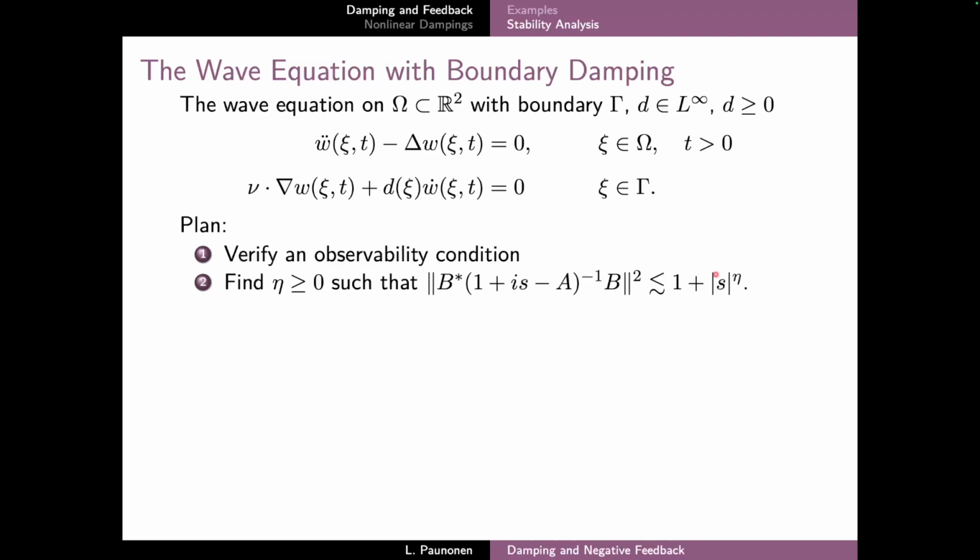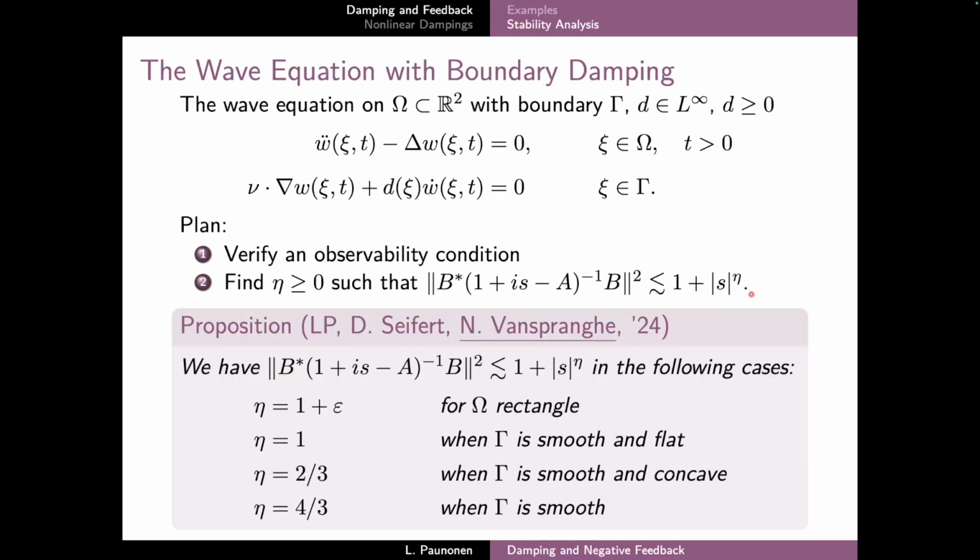And like I mentioned before, for eta equals 0, this is not satisfied in the case of our particular model, and therefore we are looking for an eta which is strictly positive. This question was investigated in detail by Nicola in our group, and in his recent work he found very nice and good estimates for the value of eta.